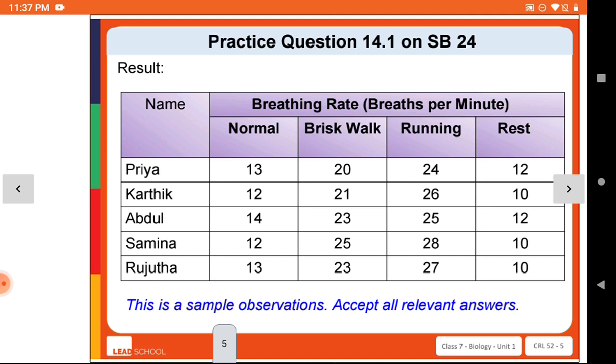Another person is Samina. Her normal rate is 12, after a brisk walk it is 25, and after running it is 28. At rest, her breathing rate is 10. Like that, you have to experiment with your siblings and see the differences in your breathing rate.